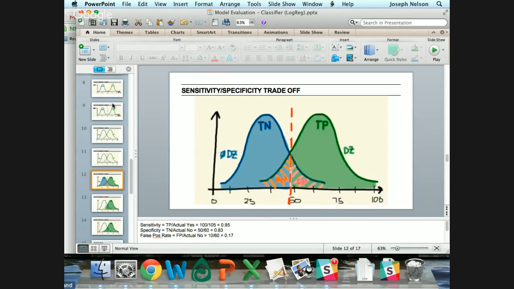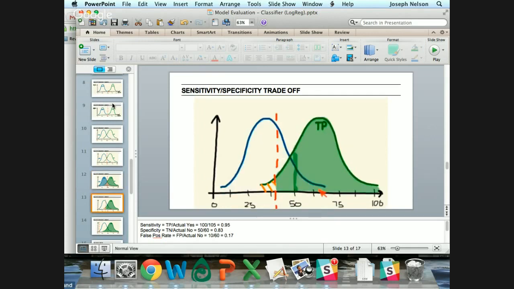Let's take another example. Let's say we have the cancer detection example. Our cutoff is 50 right now, but we inch it over. So what did that do in terms of our confusion matrix?